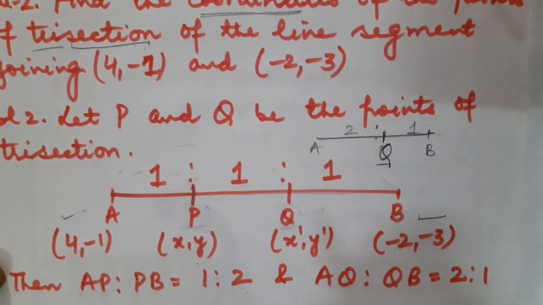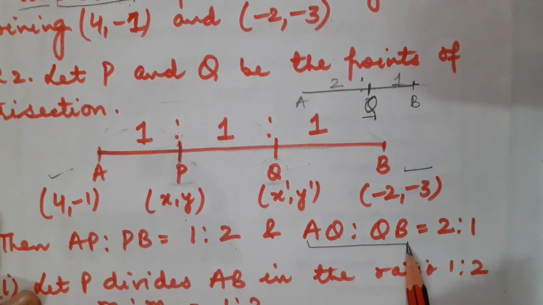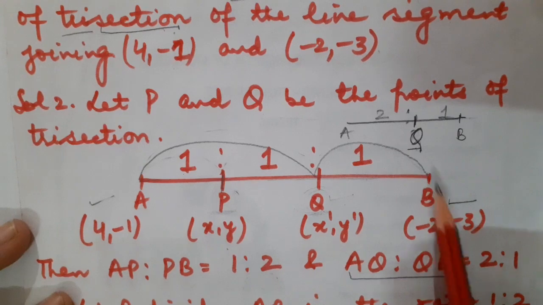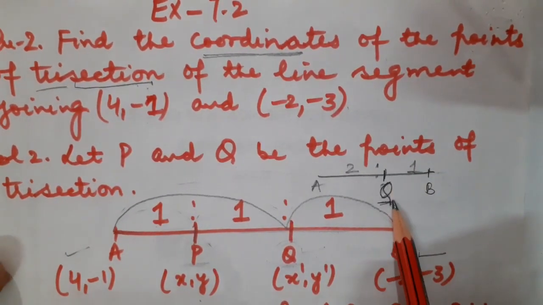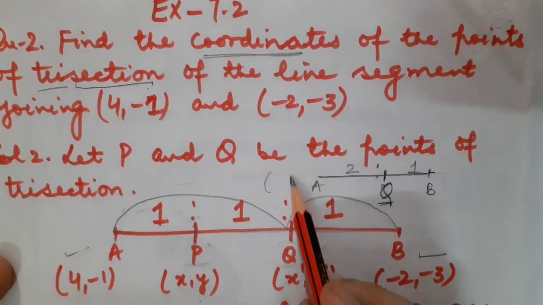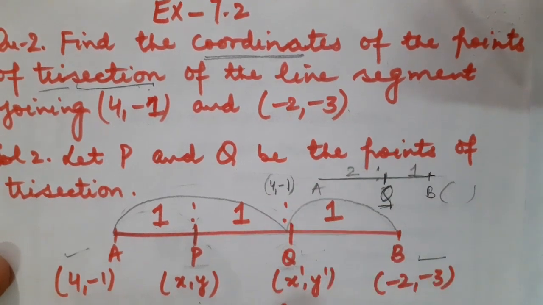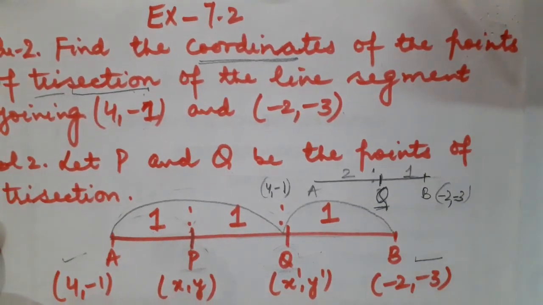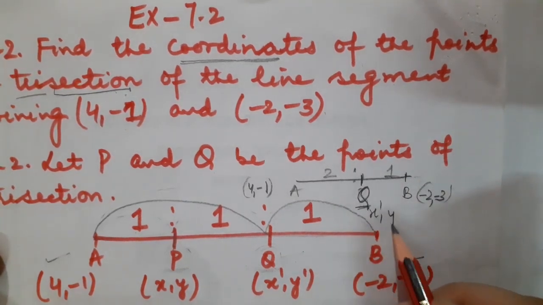The first one I have just explained to you: as I know that AQ ratio QB is 2:1, in the same manner I can calculate the coordinates of point Q because I know the coordinates of A and B. The coordinates of A are (4, -1) and the coordinates of B are (-2, -3). Fine, students? So using the section formula, I can calculate the coordinates of point Q, which I have assumed to be x dash and y dash.